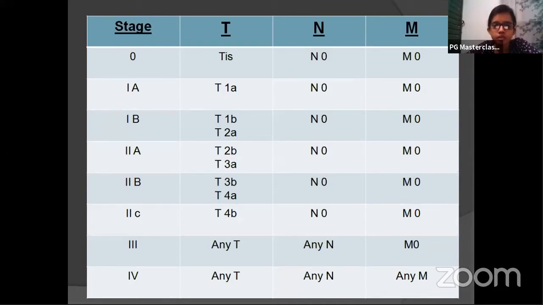Stage 2B is tumor stage T3B and T4A with no nodal or distant metastasis. Stage 2C is tumor stage T4B with no nodal or distant metastasis. Stage 3 is any tumor size with any nodal metastasis with no distant metastasis. And stage 4 is any tumor size with nodal and with distant metastasis.